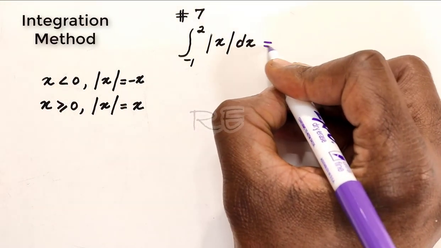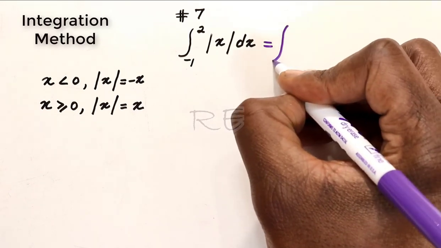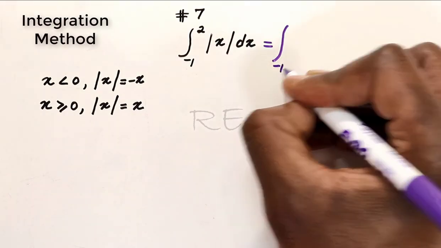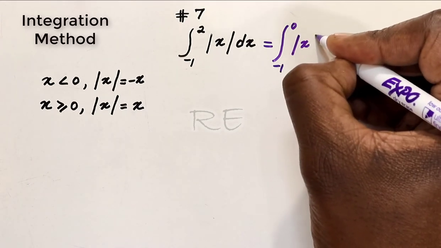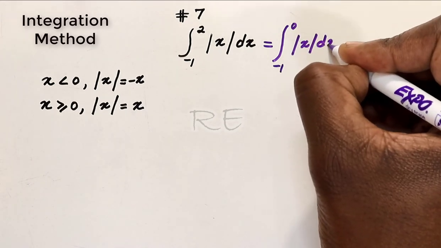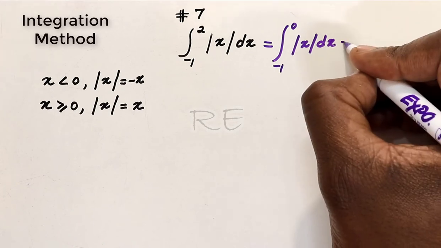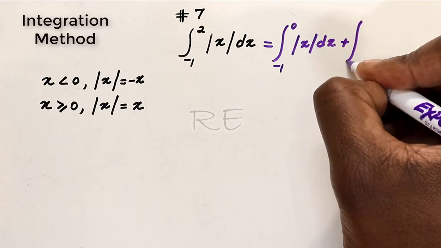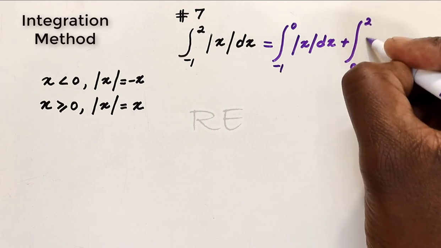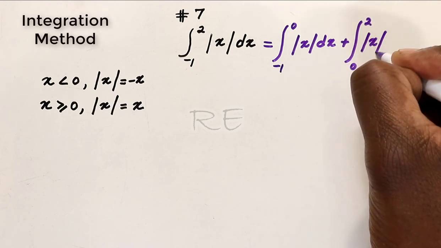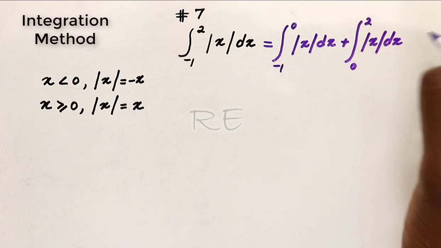Now, using the properties of the integrals, the integral from -1 to 2 can be written as the integral from -1 to 0 plus the integral from 0 to 2. Of course, the function is the absolute value of x.